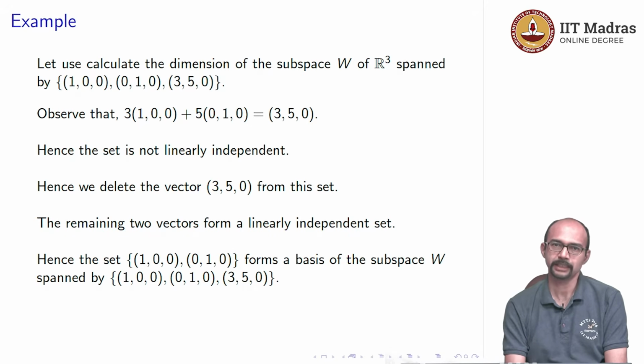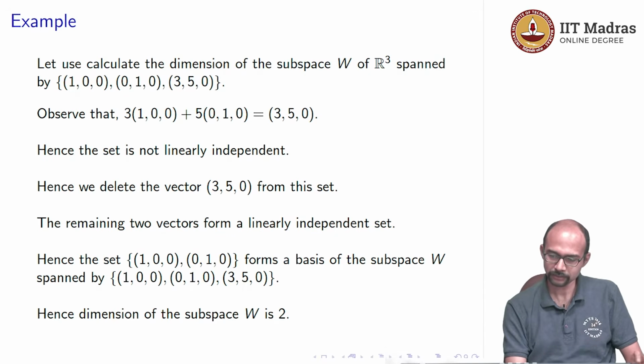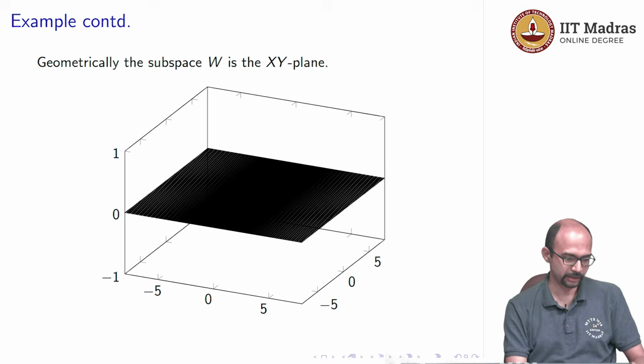That means W is exactly the xy plane. Yeah, W is points on the xy plane. So, in particular, this also tells us that the dimension of W is 2. Why is it 2? Because the basis of W has size 2. What is the basis? 1 0 0 and 0 1 0. As I noted, this is the xy plane.